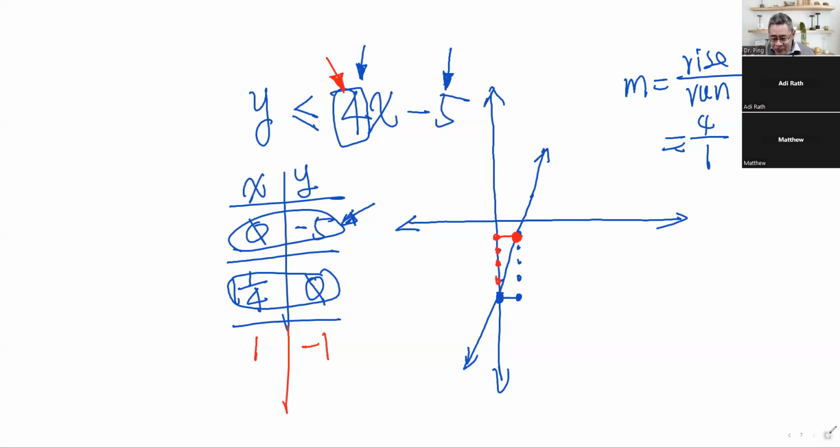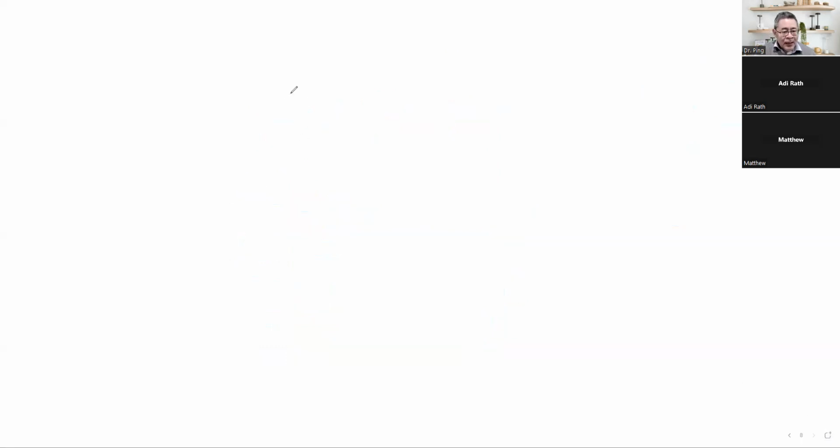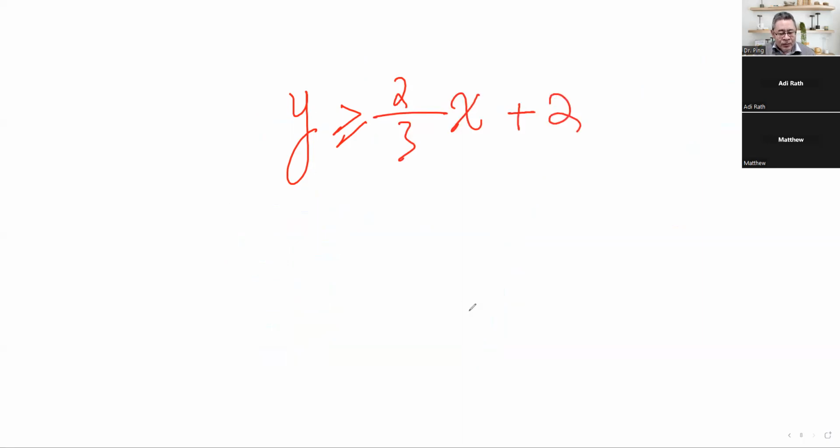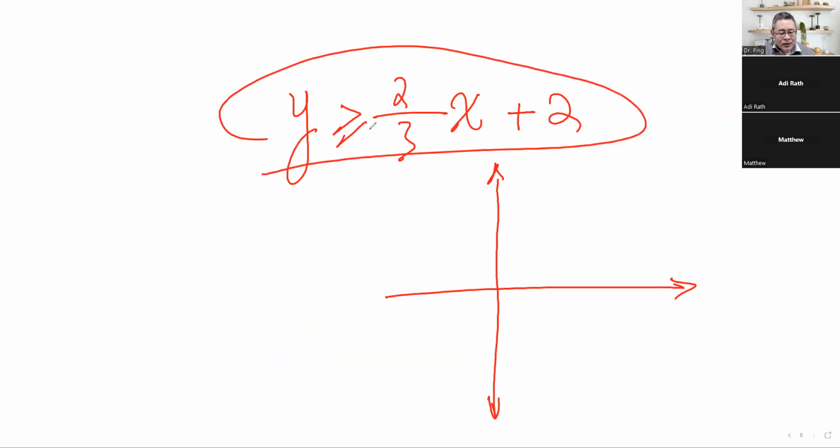Now I'm going to show you a couple more. You can see y is greater than 2/3 x plus 2. The nice thing about the third method is we're just looking at this inequality. The y-intercept is 2, it's here.